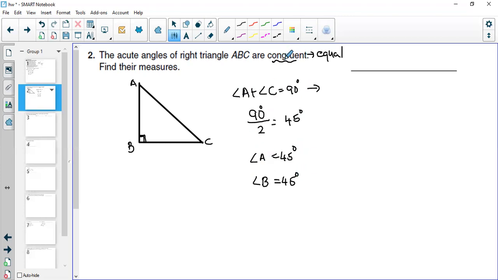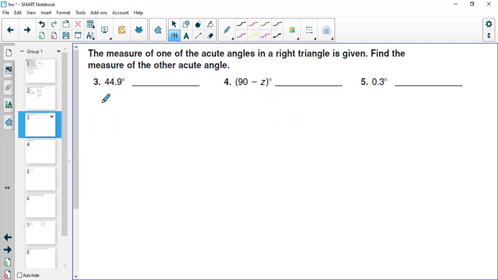Because they said congruent, both the angles are congruent, meaning both the angles are equal. Or you could even substitute that with x and x, so that will give you 2x. Or you could simply do it this way too. Both ways are right. As it's math, you know that there is no one way. There are many ways to do one question, most of the time. So this is how you get angle A is 45 and angle B is 45 too. Okay, moving to question number 3.